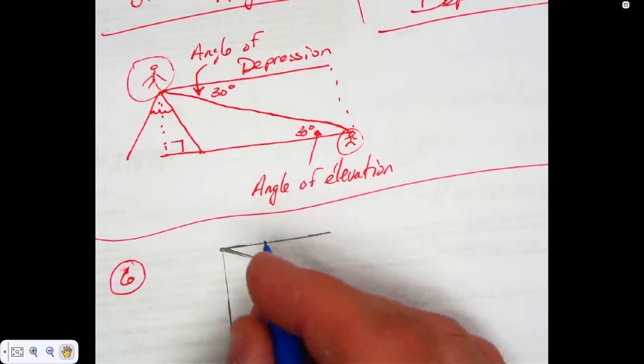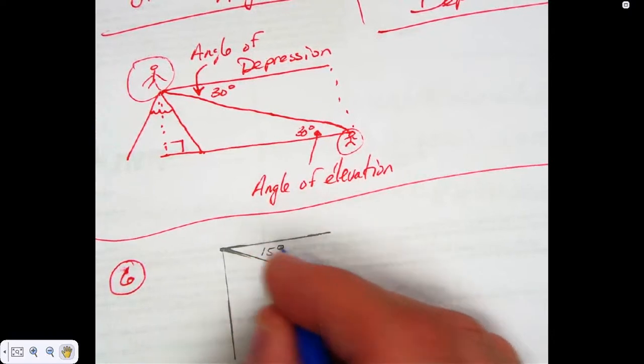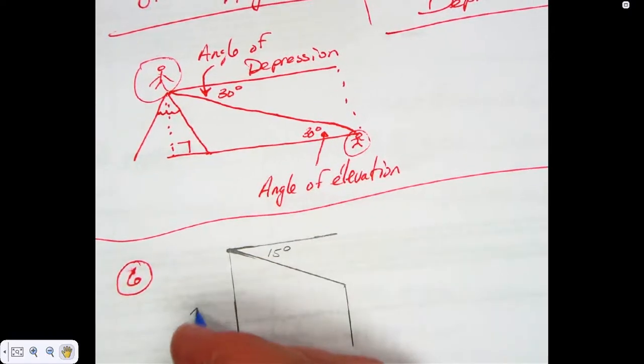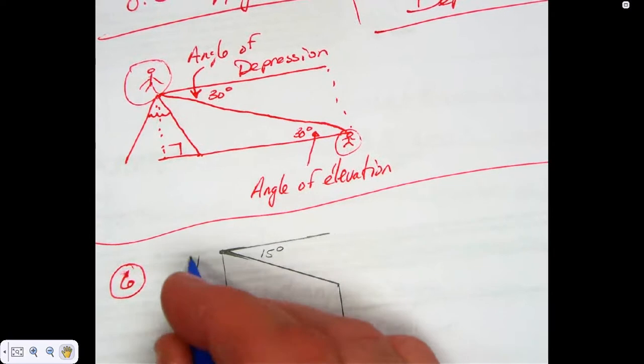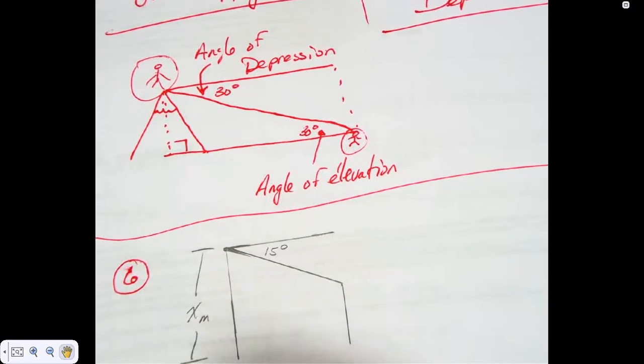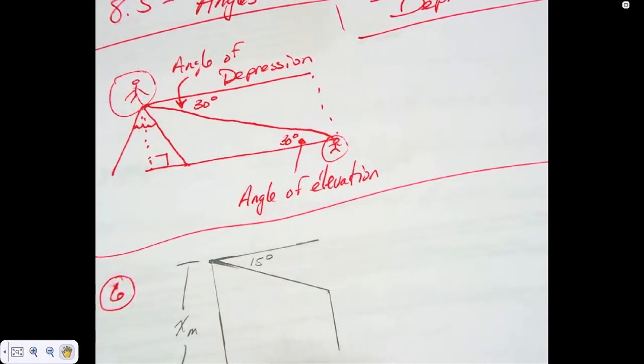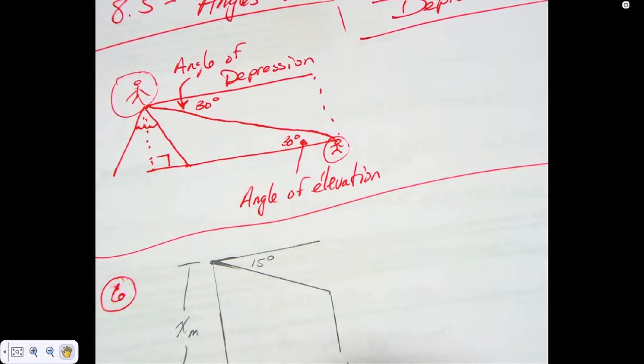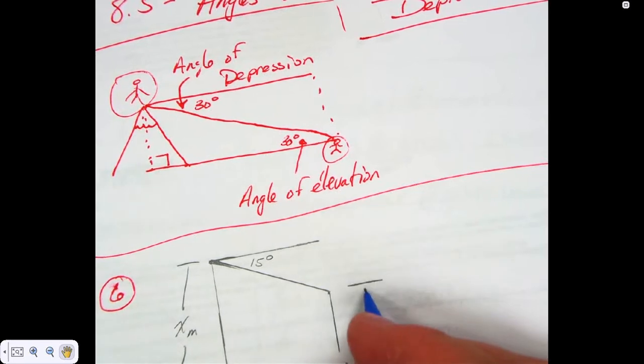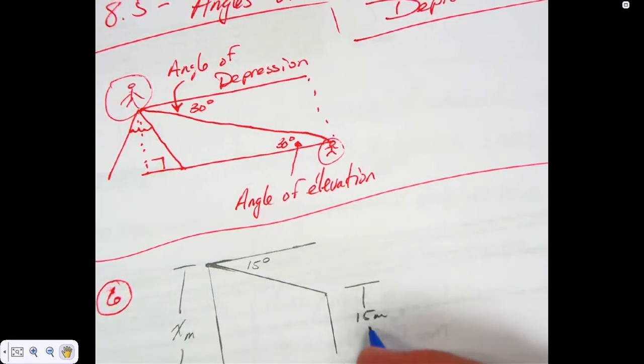They say this is what? 15 degrees. Here to here is X meters, right? Here to here is 50 meters. Here to here is what? 15 meters.